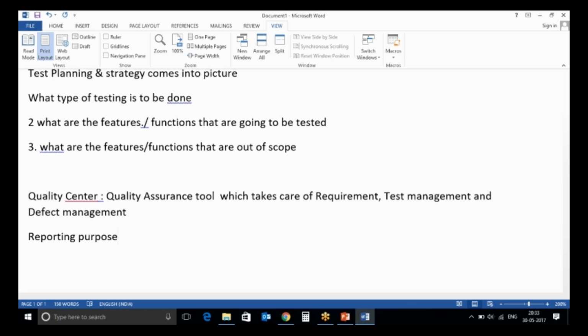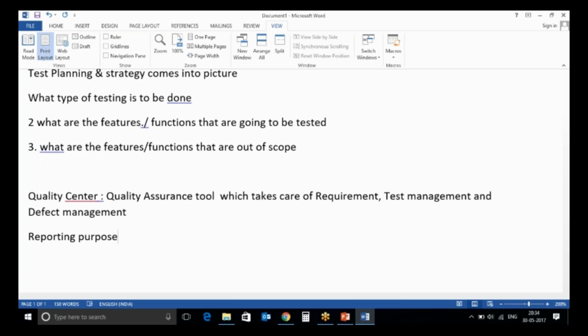So you'll be starting off as a tester if you are new to this, but moving on, when you become a senior person in the team, you will be responsible for reporting as well. So let's say you have a team of 3-4 people, and probably 7-8 people in my case.